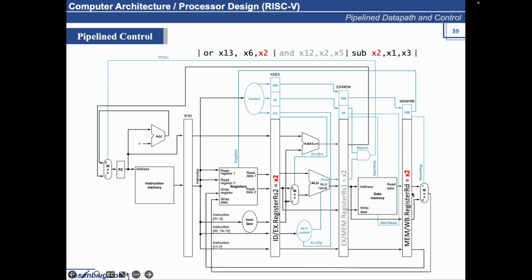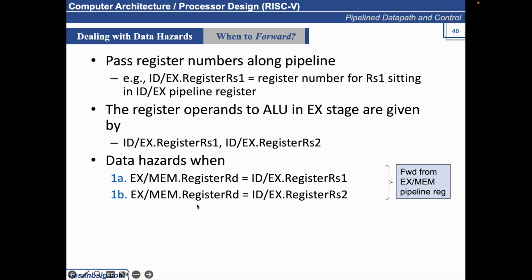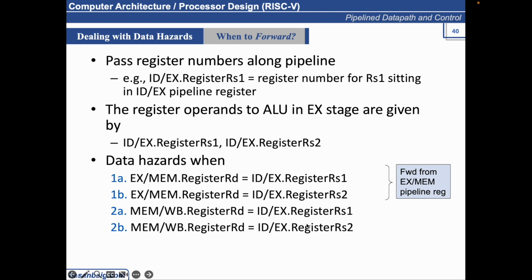Okay, so the second set of conditions would be checking the register rd sitting in the memWrite back phase and comparing it with the values in the idx register rs1 and the idx register rs2. In that case, if this condition is satisfied, we need to forward the data from the memWrite back pipeline register, and this is what I have just explained to you.